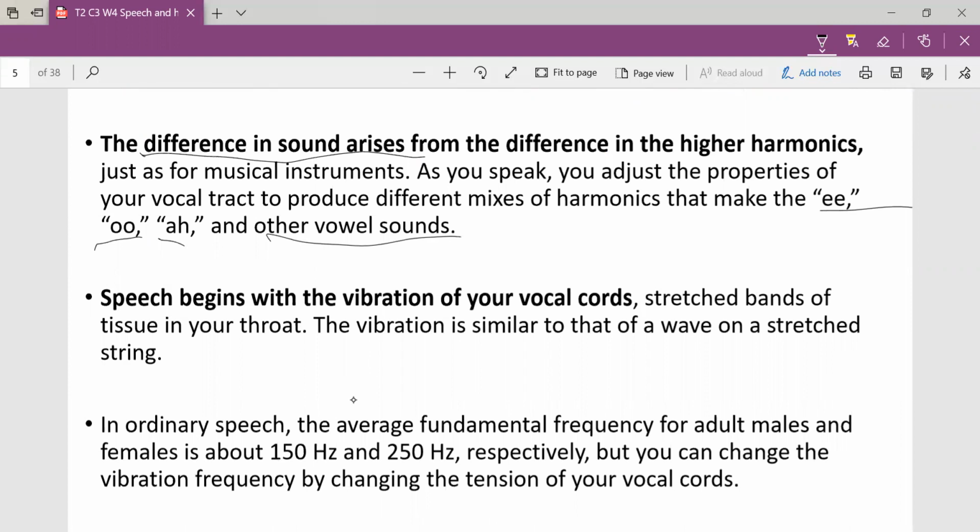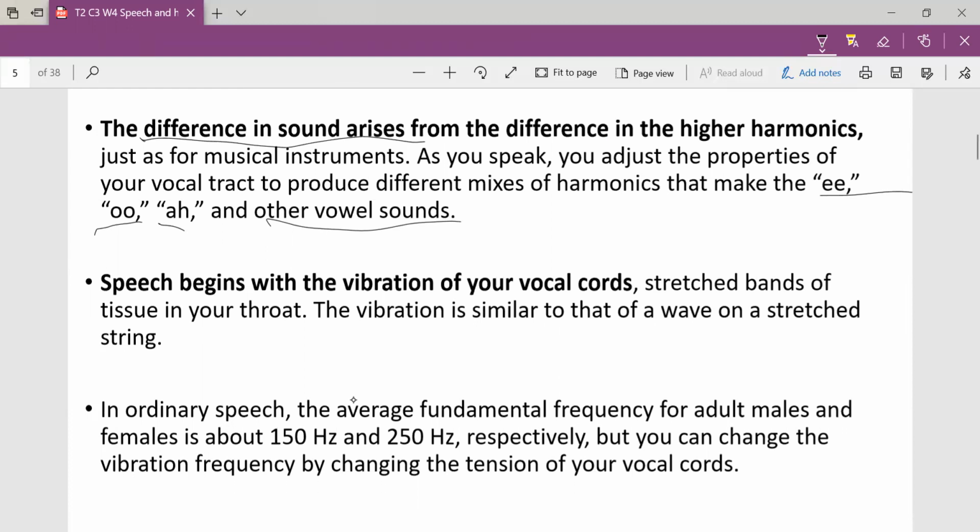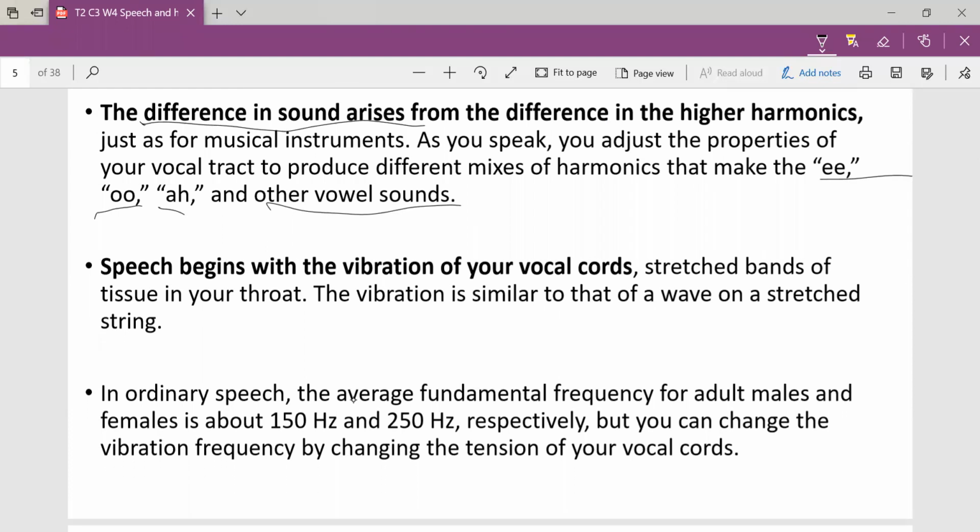That is, the vibration is of what we want to say will come out, and the description of the stretch on the string can be used to describe the kind of wave that is produced from the vibration of your vocal cord. So that is why we can apply the same principles as those that apply on the string of a guitar to describing the vocal cord wave as well.